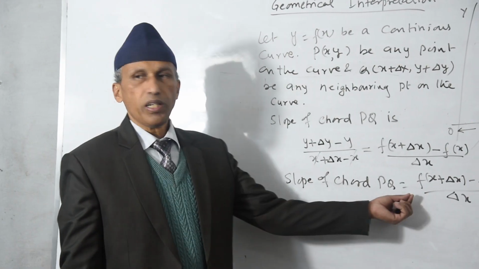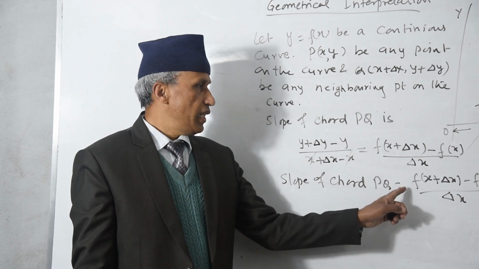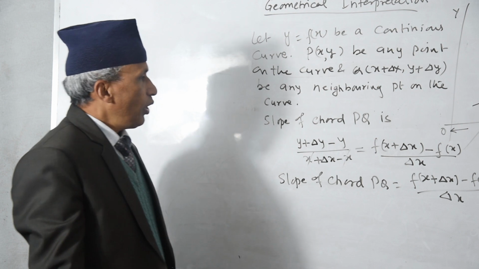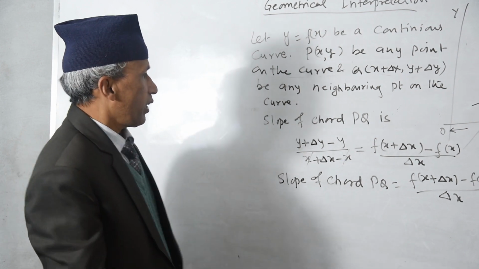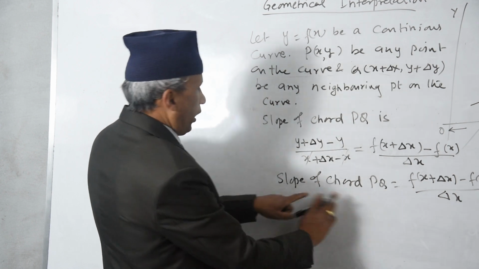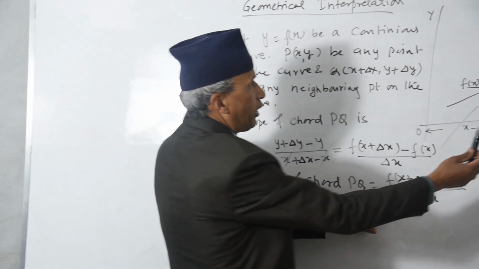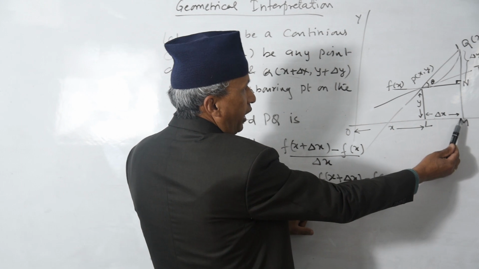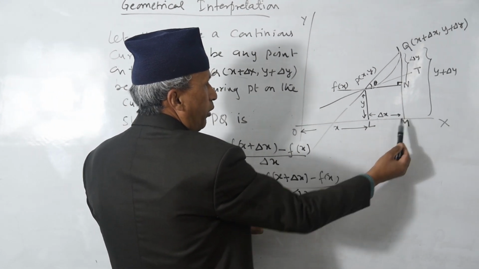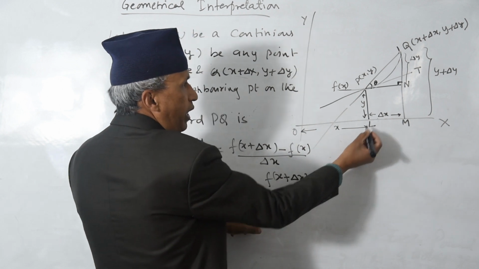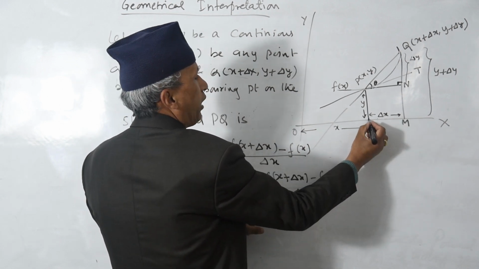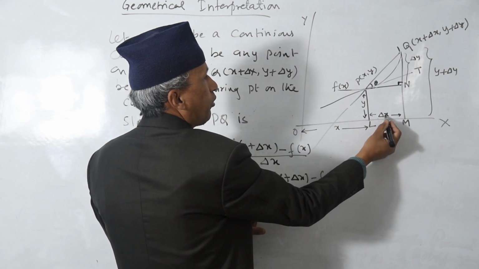So in your definition of the derivative, there is a limit delta x tends to 0. It was there, so we'll be using that concept. That means delta x tends to 0 means this distance tends to 0. This means M comes to L. In that case, delta x tends to 0.